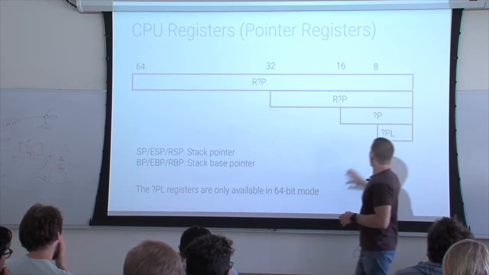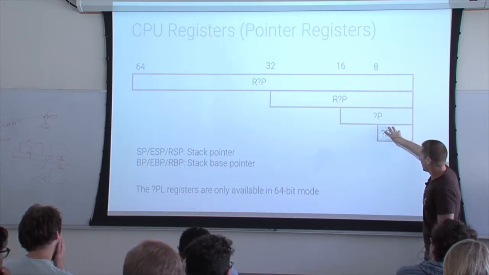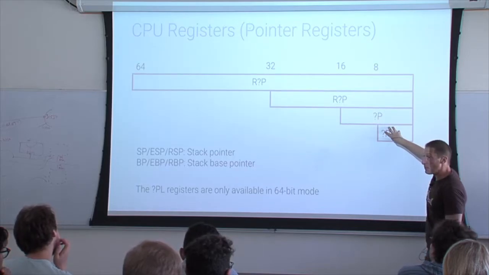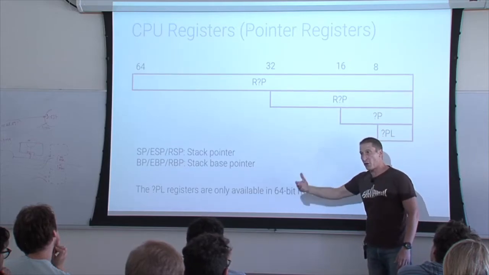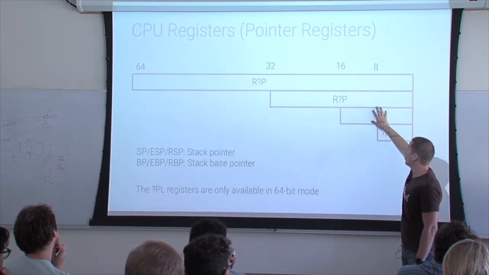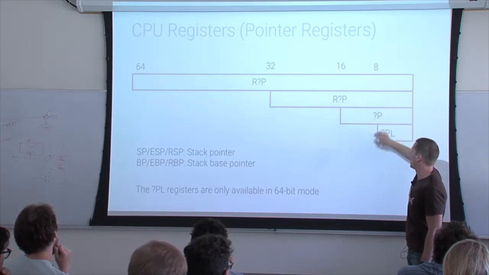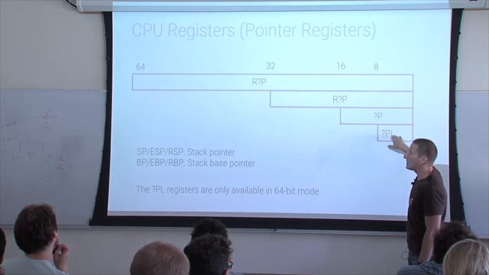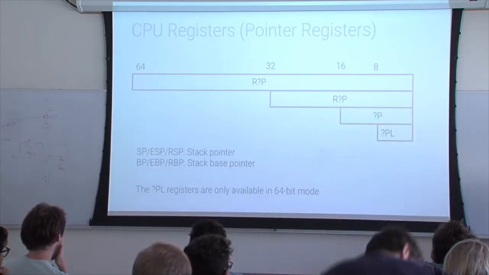And you can actually still refer to the least significant 8 bits, but only in 64-bit mode. So if you have a 32-bit architecture, you have only the 16-bit version, like BP, but you don't have the BPL. That's only available in 64-bit mode.